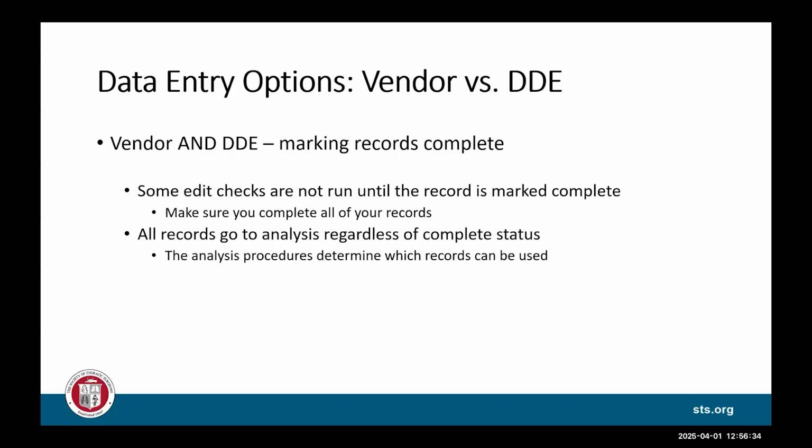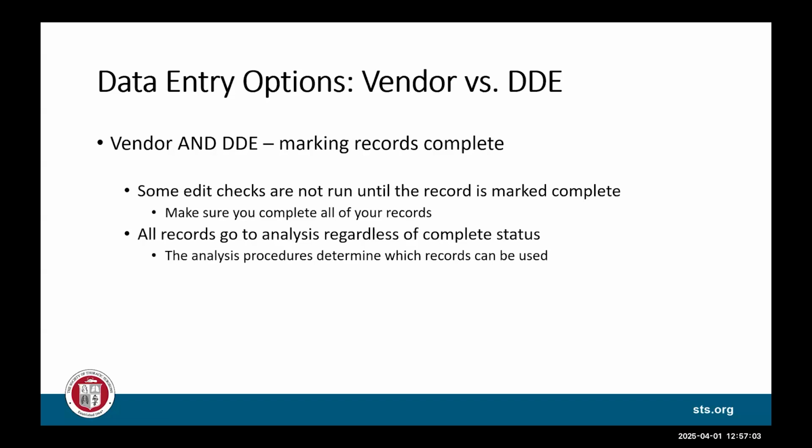Now, whether the record is checked as complete or not is irrelevant as far as submitting the data. So your vendor software is going to send us all of the data, whether it's complete or not. And for direct data entry people, whether you've completed the record or not, come harvest time, those records are being picked up. We're getting all of your data. And the analysis is designed to look at your data and determine which ones have all of the data that they need to do the analysis.